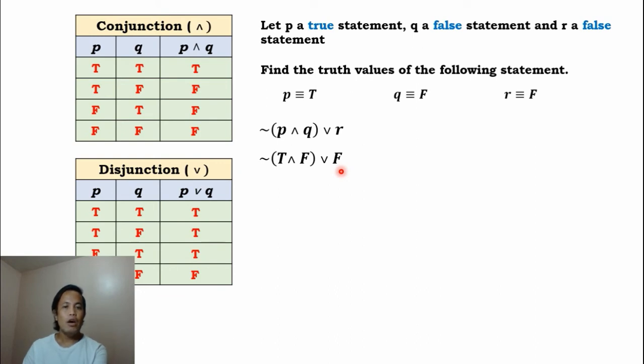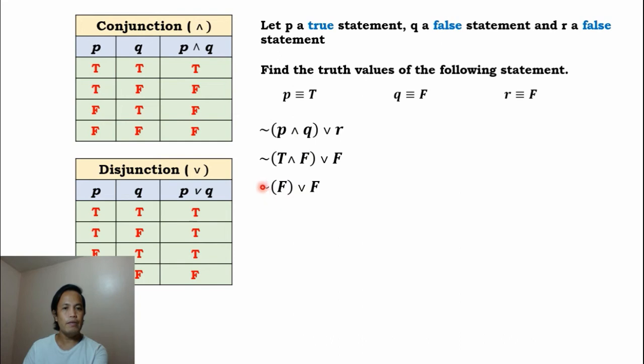This time, we start with the terms inside the parentheses, the grouping symbol. We have here the symbol and, so this is a conjunction. True and false falls under the second row. If P is true and Q is false, the whole compound statement is false.